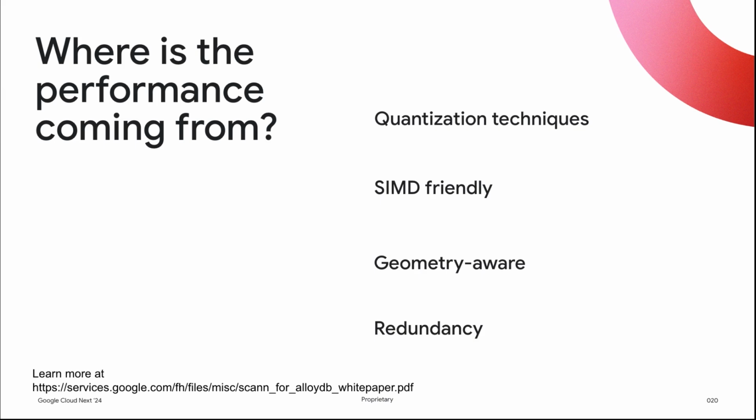The redundancy of scan is geometrically aware in such a way that if the algorithm fails to find the first placement of a database vector, then the probability increases that it will find the second placement of this database vector.